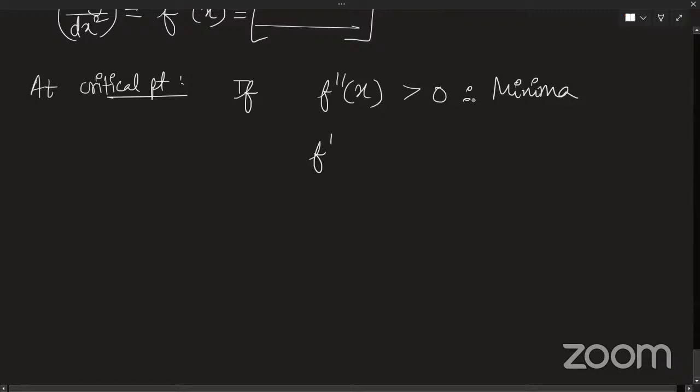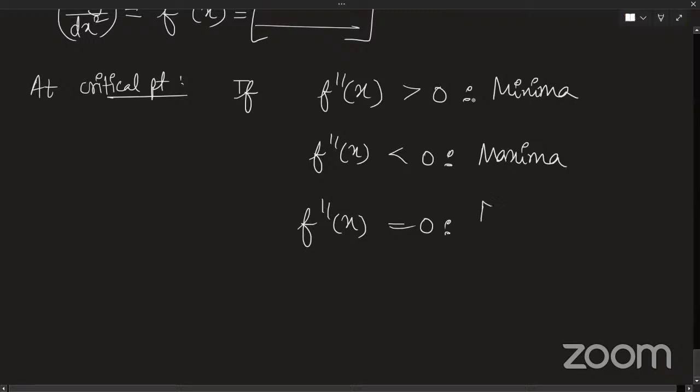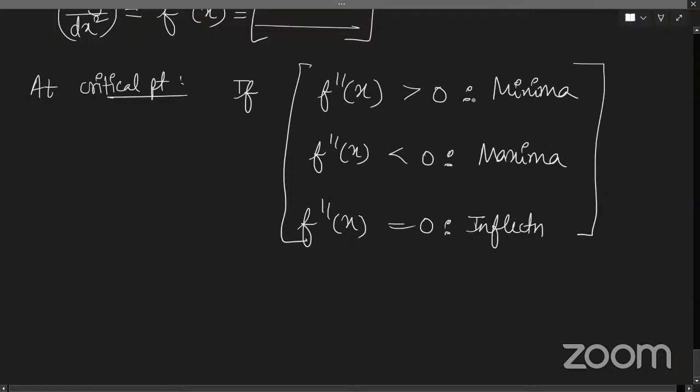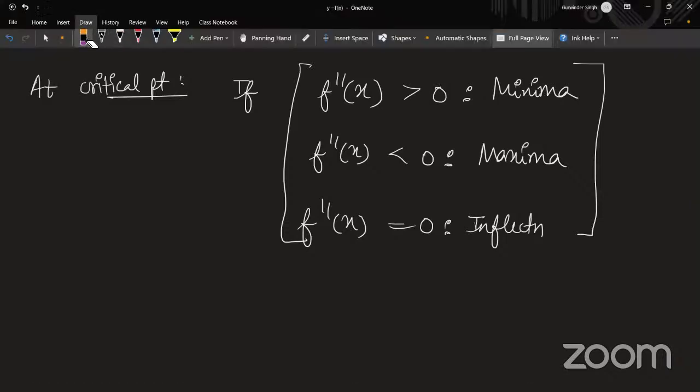And if f double dash x is negative, it is a maxima. And if f double dash x also turns out to be 0, then it is a useless function, that means inflection. Got it? Yes, sir. Is it making sense?